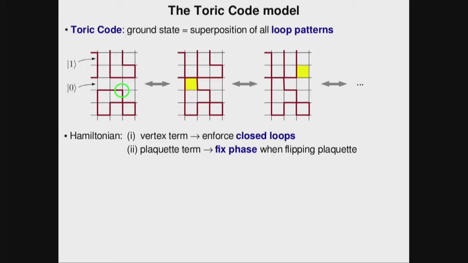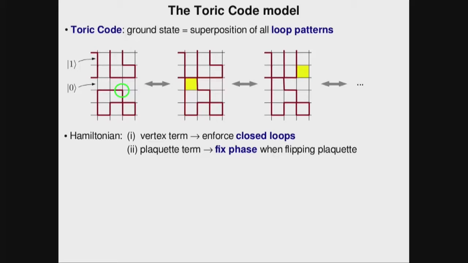I can then flip another plaquette, I straighten this loop, and we can have Hamiltonian terms which couple two of these by actually flipping that and ensuring that the ground state has an equal phase. So trust me, it can be done with local Hamiltonians. So we can write local Hamiltonians, which make sure each vertex is fine, and at a phase flip, everything goes well. Flipping a plaquette, the phase stays okay.